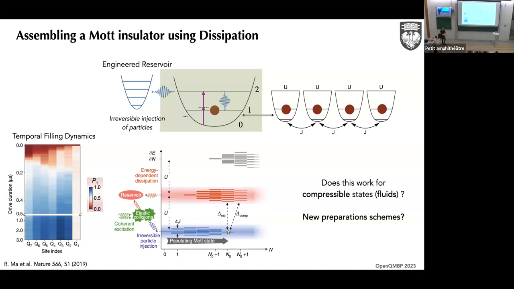This would be this reservoir. Yes, it is a non-equilibrium process.